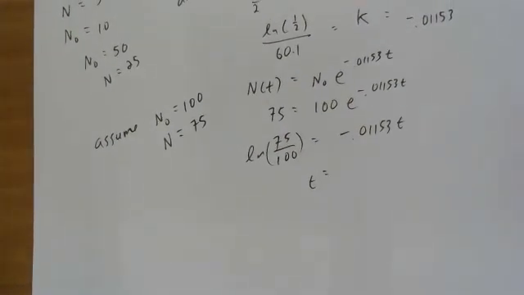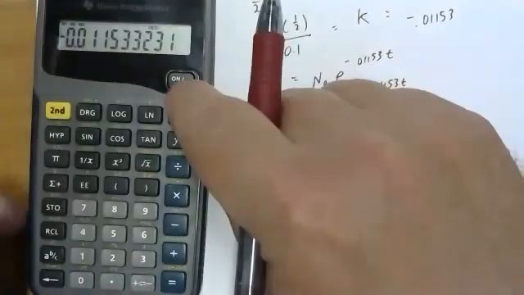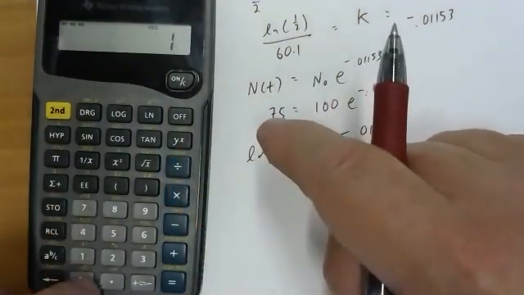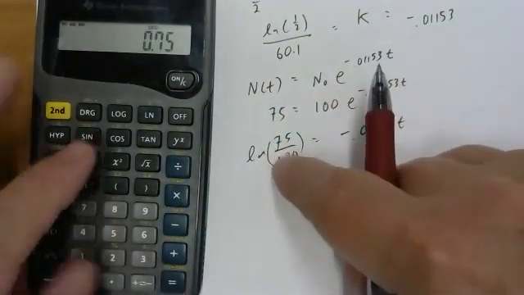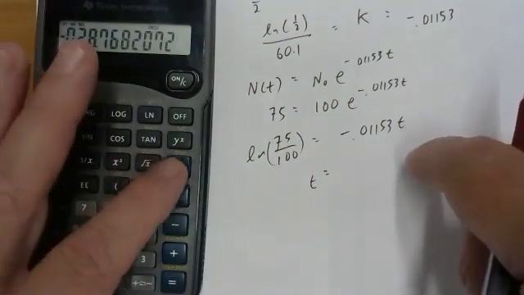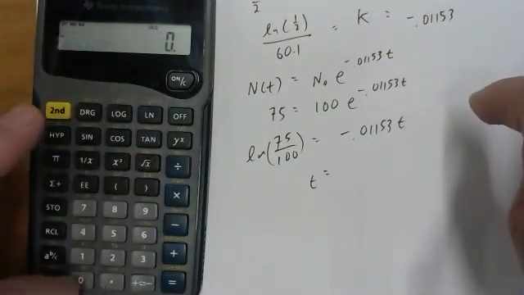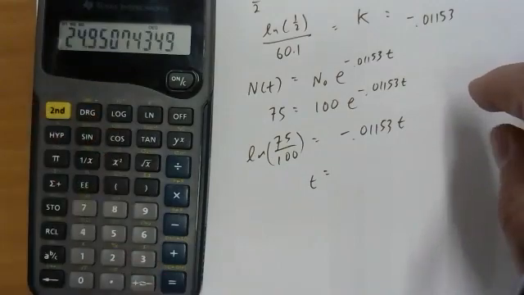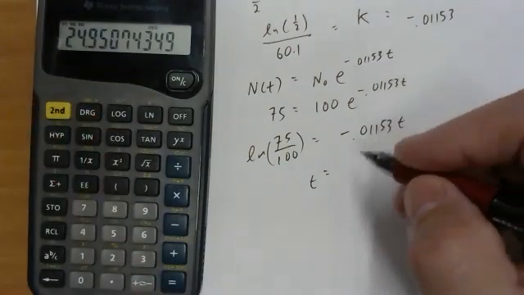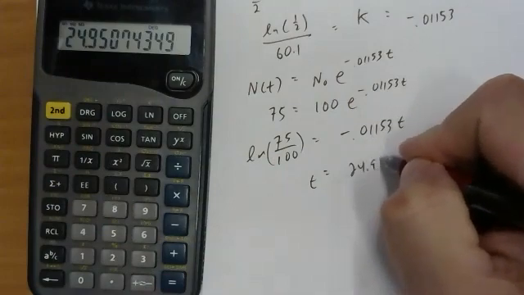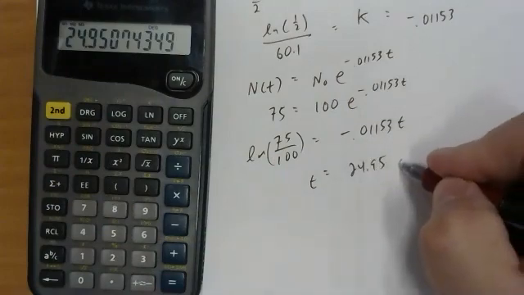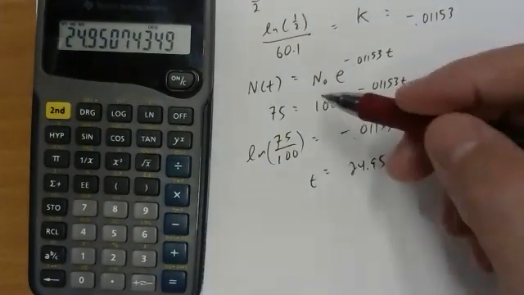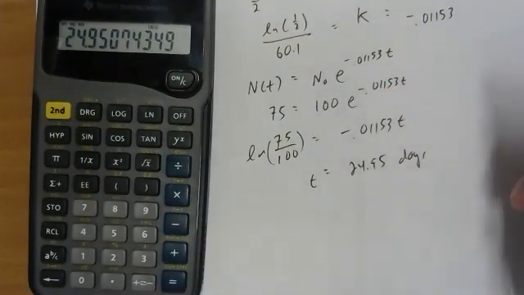Now, with my calculator, I can take 75 divided by 100, take the natural log of that, divided by negative 0.01153, and get 24.95. Now this was days, so it took almost 25 days for this amount to drop by 25%.